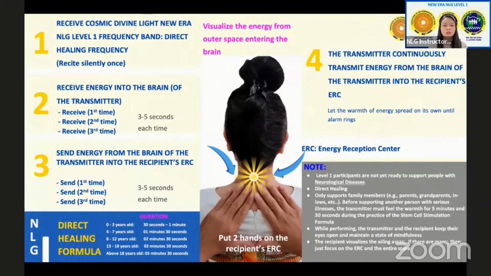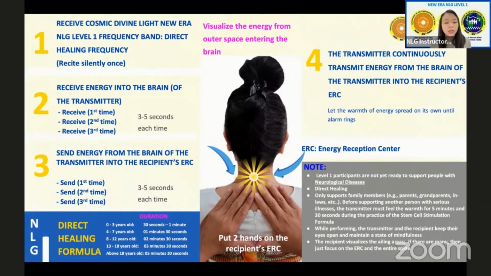Now, of course, for all of these age groups, when you give them the support, you will start your timer and then you begin from step 1. The only exception is the 0 to 3 years old group, because you can see here that you only practice this formula on them for 30 seconds or 1 minute.